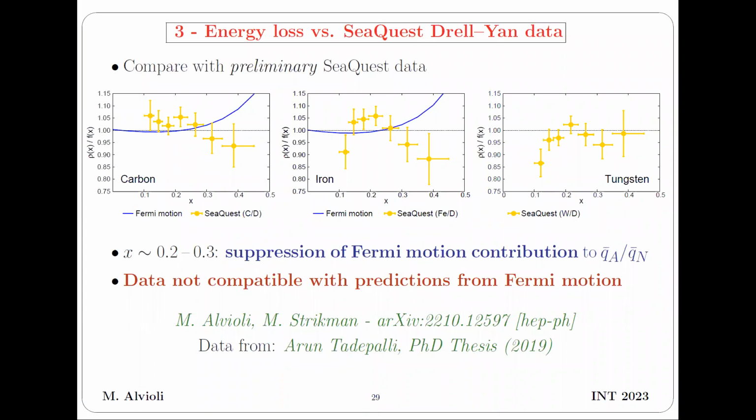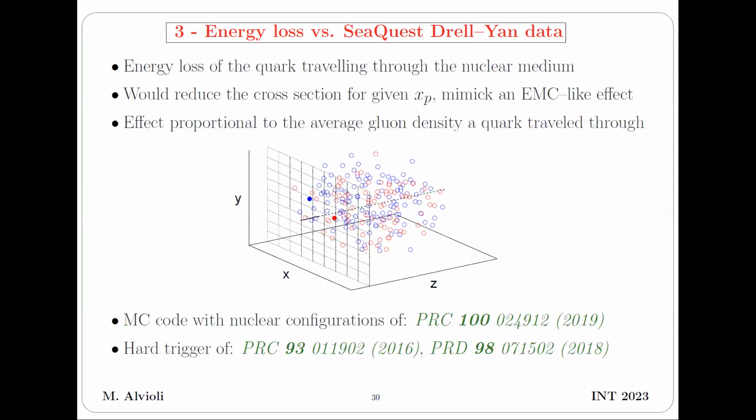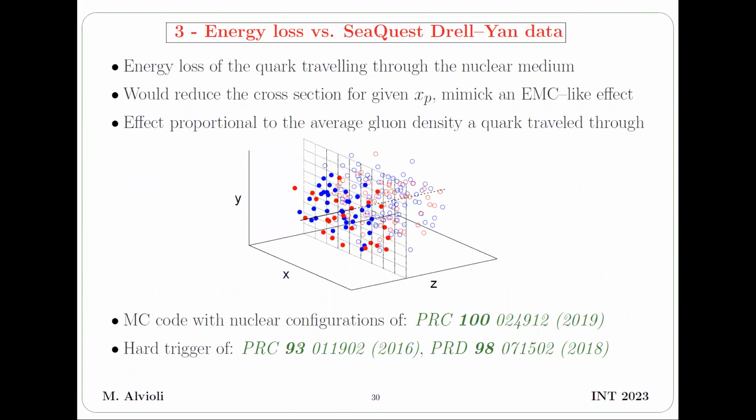But this is how it compares with actual data for carbon and iron, and the conclusion here is that the data is not compatible with the prediction from Fermi motion. So this would go in the direction of the existence of an EMC effect.